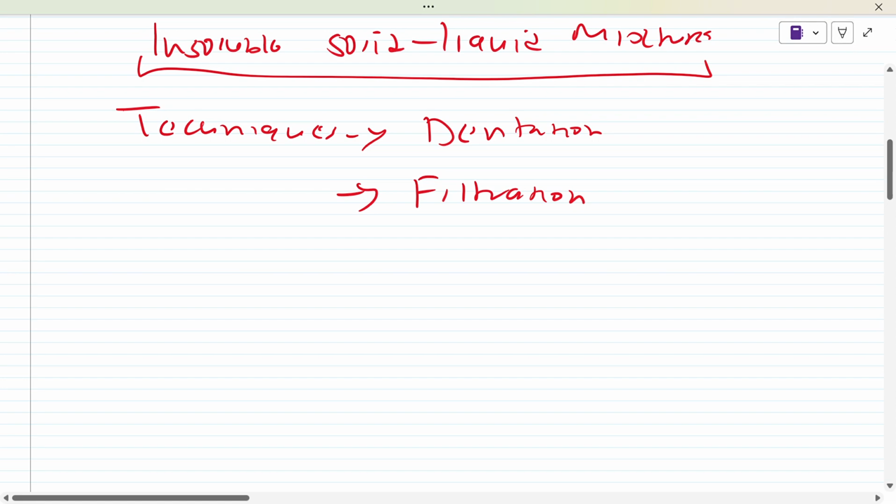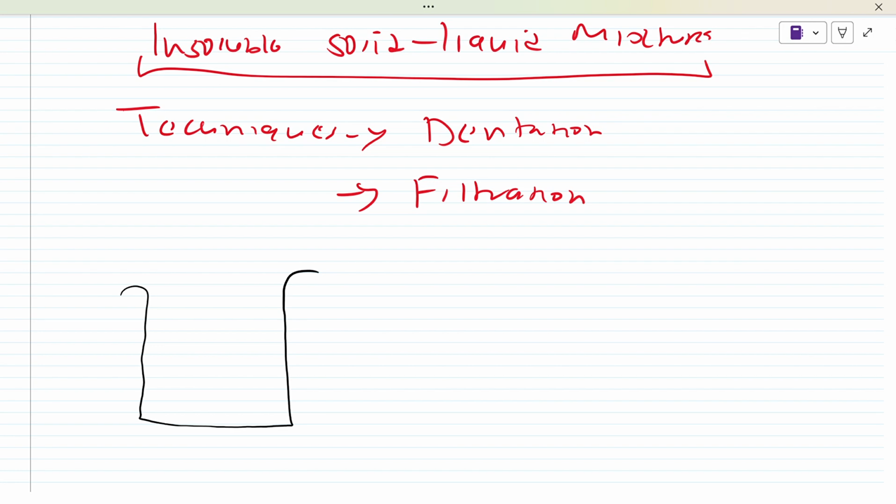When using decantation, I want to do a sketch of what we are dealing with. I'm going to have my beaker, and in my beaker I can have a mixture of water and sand.